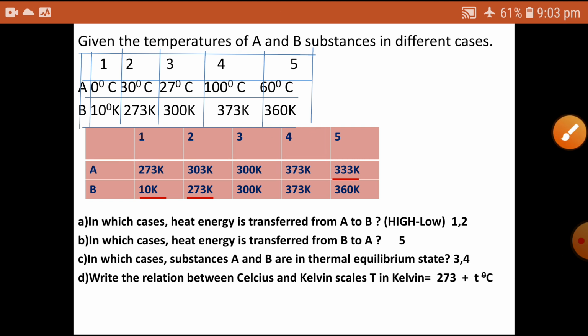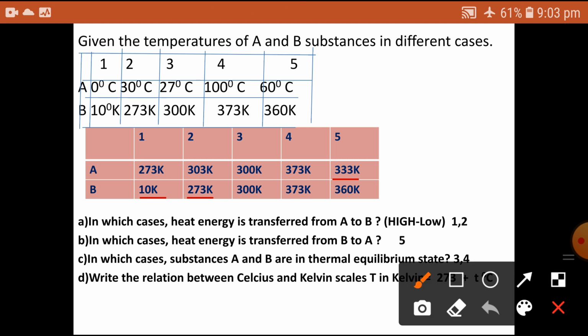If you see the second question, in which cases the heat energy is transferred from B to A, that means here B must be at a higher temperature and A must be at lower temperature when compared to B. Here only, we already discussed, when compared to A, B is at higher temperature. So the answer is 5.